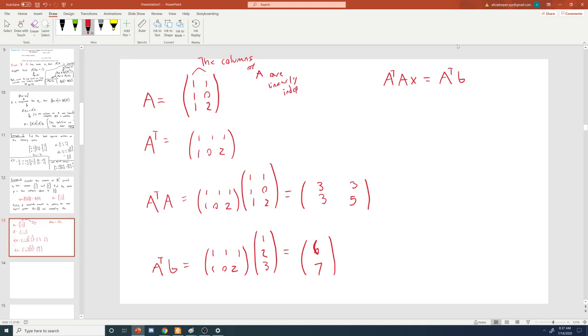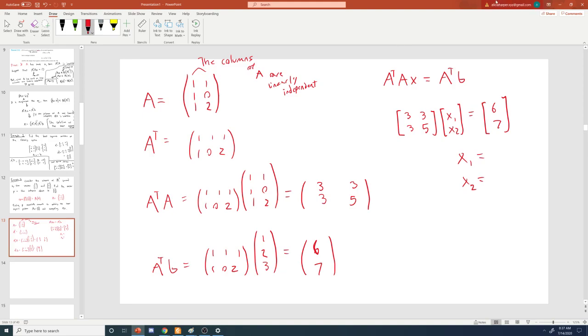I did this on the preceding example as well, even though I didn't spell it out concretely. So because the columns of A are linearly independent, we can actually solve this system. And the system is the same thing as [3, 3; 3, 5] times x1, x2 is equal to 6, 7. And now we can solve for x1 and x2.